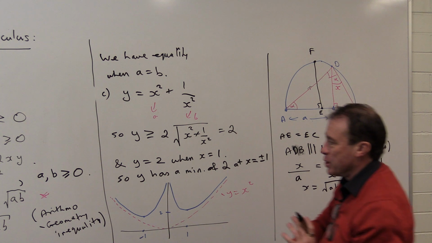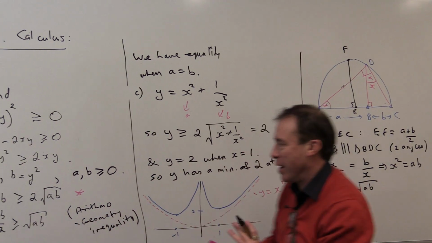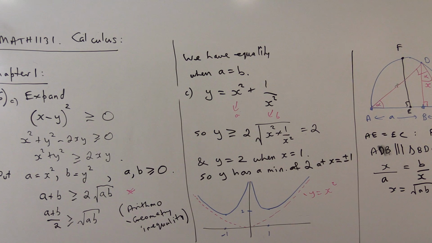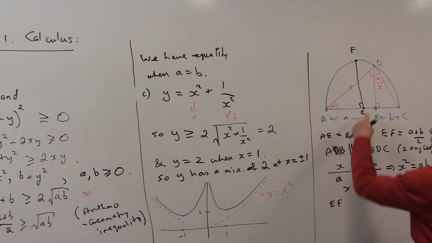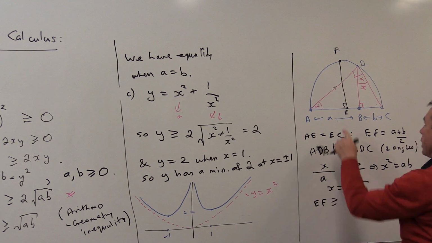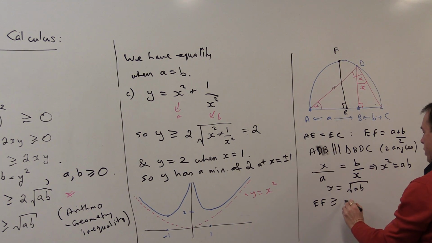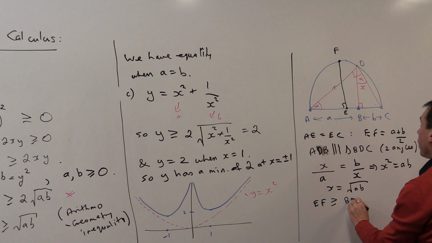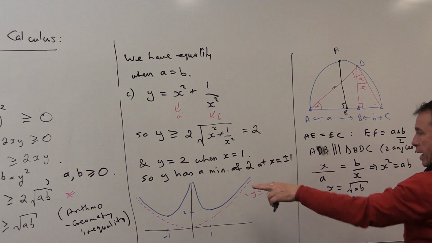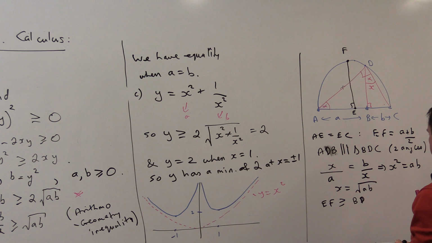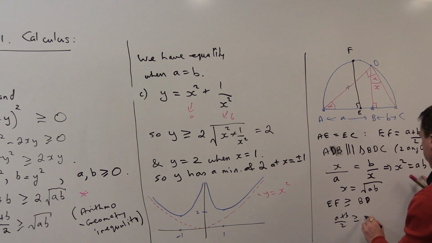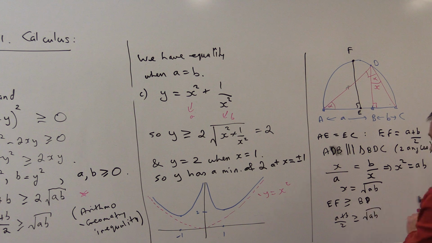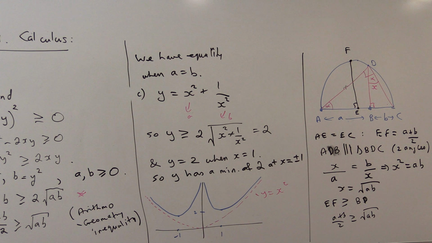That number was the same as we saw on the other side of our arithmogeometric inequality. And we can see in the picture that this length EF, this radius, is always bigger or equal to this chord here, BD, and that's exactly our arithmogeometric inequality. Because EF, remember, was A plus B on 2, and that has to be bigger or equal to root AB. So there's a little geometric proof of the arithmogeometric inequality.